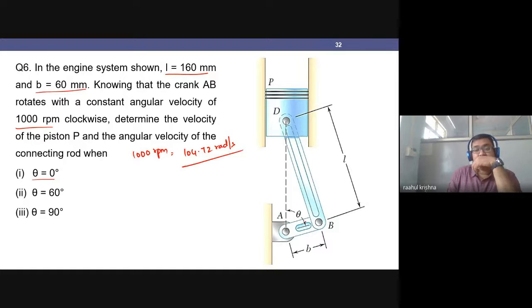Now when theta is 0 degrees, at that position what happens to my piston and my slider crank mechanism? Let me take my first case, when theta is equal to 0 degrees.